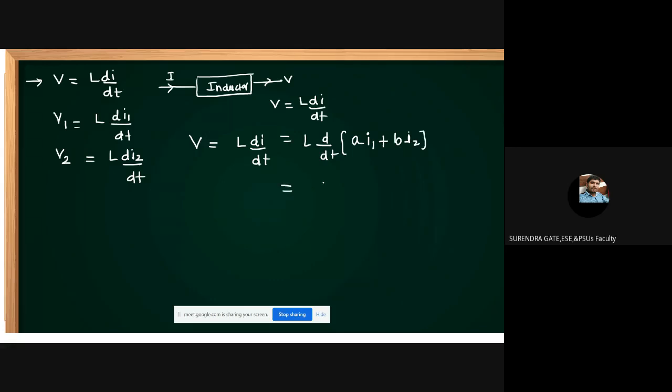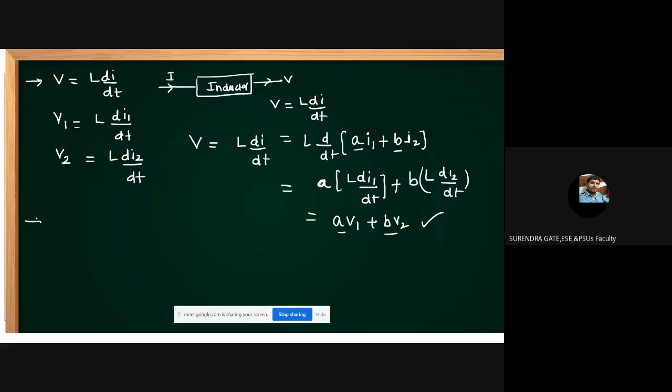This is A into L into di1 by dt plus B into L into di2 by dt. What is L into di1 by dt? V1. What is L into di2 by dt? V2. The input is scaling, the input coefficients are A, B, and the output coefficients are also A, B. That's why it is a linear element.